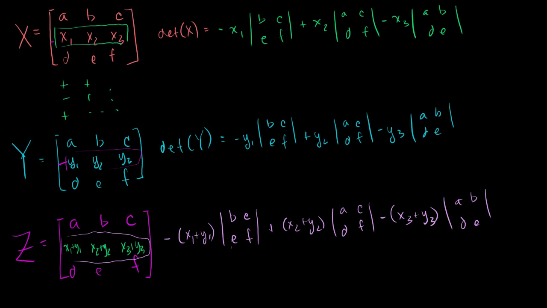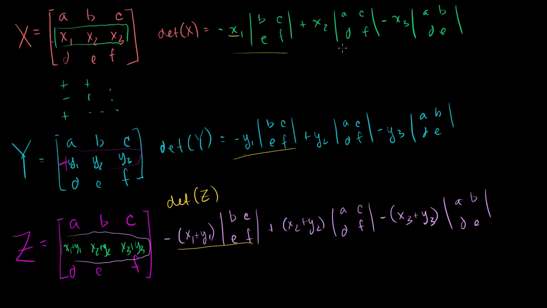Now what do you have right here? This right here is the determinant of Z. I think you can see immediately that if you were to add this to this, you would get this right here, right? Because you would have this coefficient and this coefficient on that. If you added them up, you would get minus x1 plus y1. This guy and this guy add up to this guy.